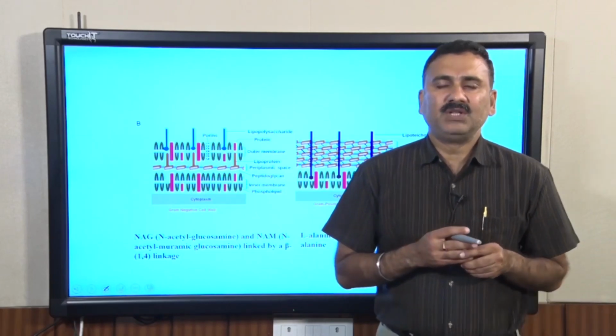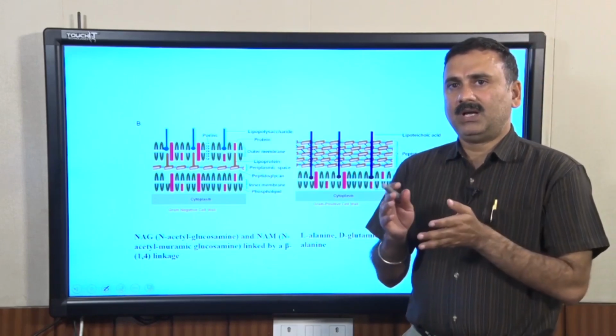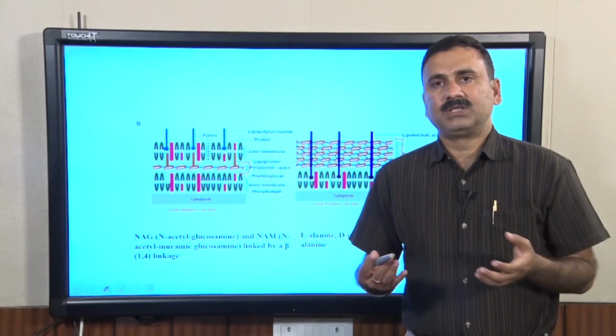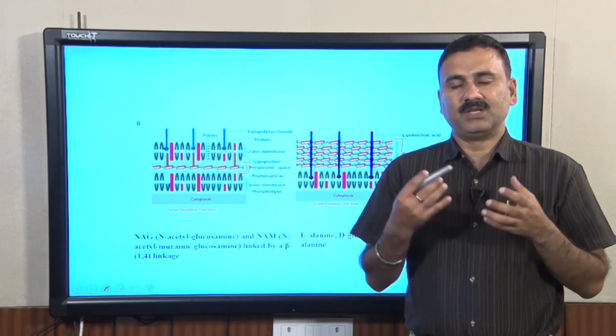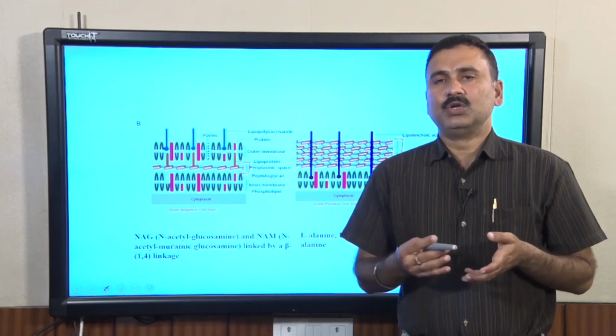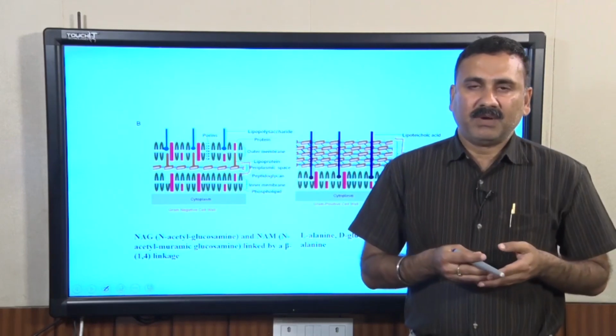So, these contrasting features can be exploited, because in the case of gram positive bacteria you have a thick layer of peptidoglycan, whereas in the case of gram negative bacteria you have a very small peptidoglycan layer, and these differences could be exploited by stains which work on the presence of the peptidoglycan layer, and these stains could be used to distinguish between the gram positive bacteria versus the gram negative bacteria.